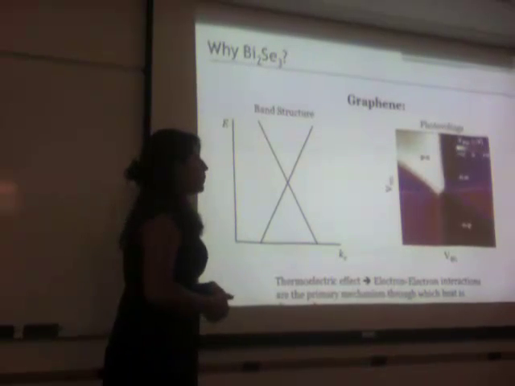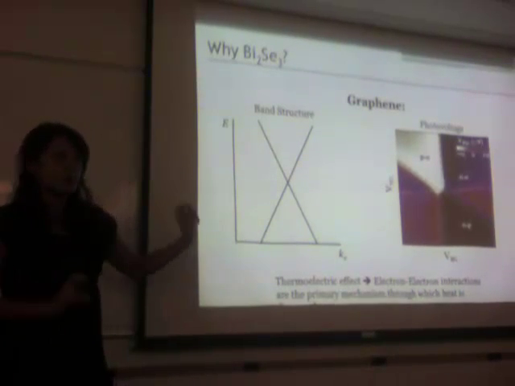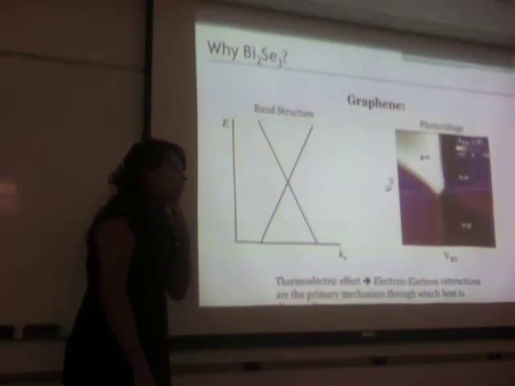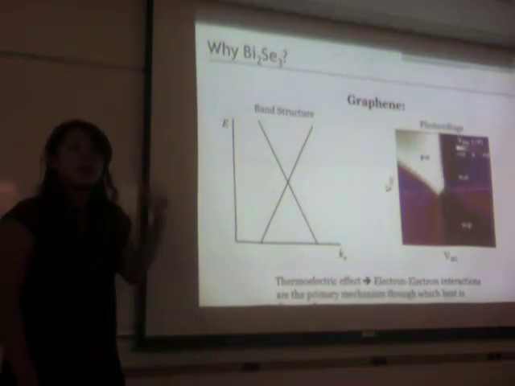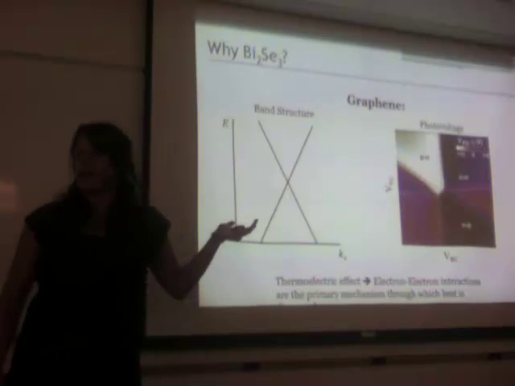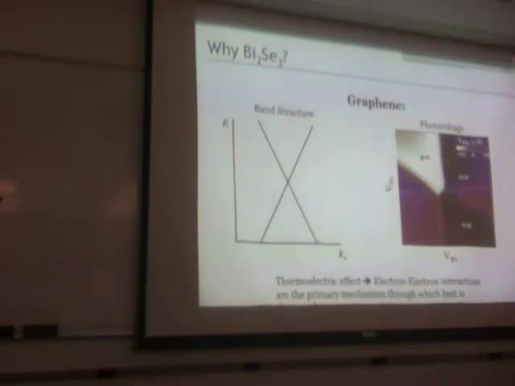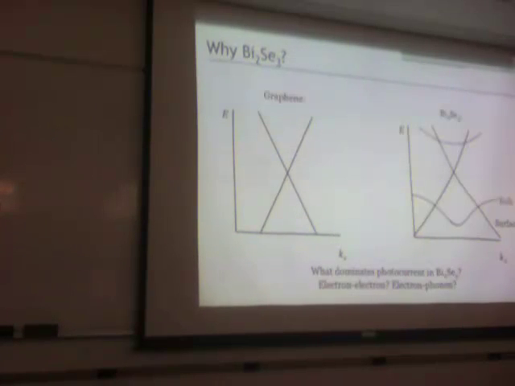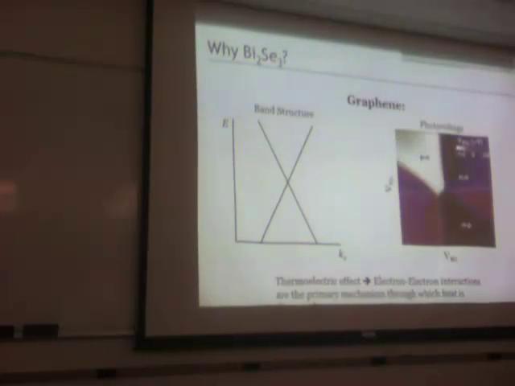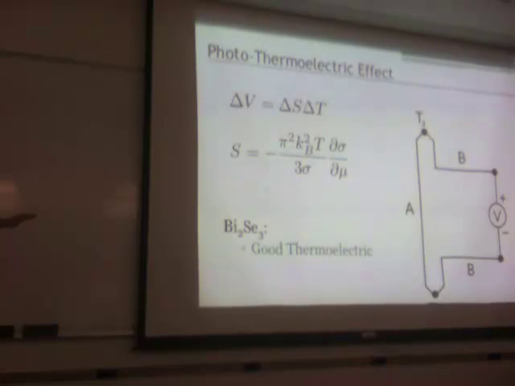But this paper dispelled those rumors, I guess you could say. So we wanted to know whether these same mechanisms were at work in bismuth selenide, because bismuth selenide is very much like a graphene lookalike at its surface. So we wanted to apply the same kind of measurements from graphene to bismuth selenide and see if this was what was happening. So that's how we did that.